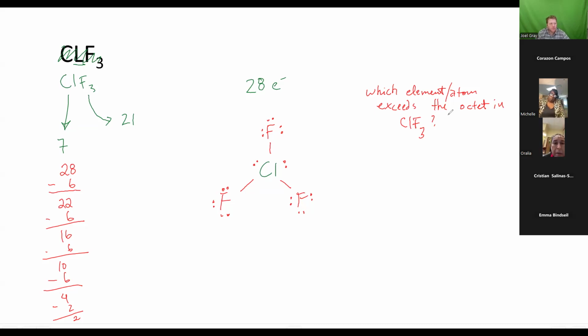Chlorine. It's chlorine because fluorine has 8 electrons around it, or it sees 8 electrons. Fluorine is sharing 2 of them right here. And then it's got 1, 2, and 3 lone pairs of electrons.